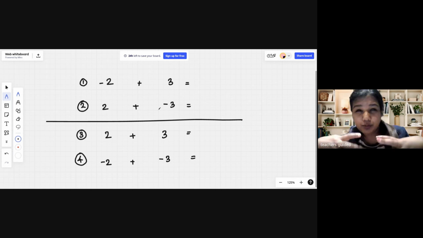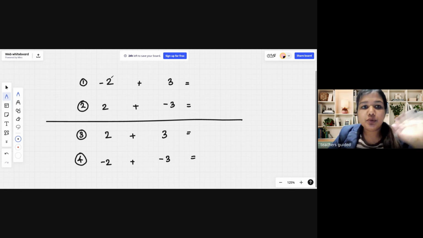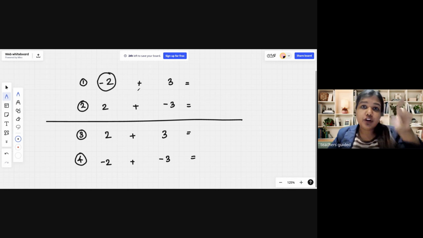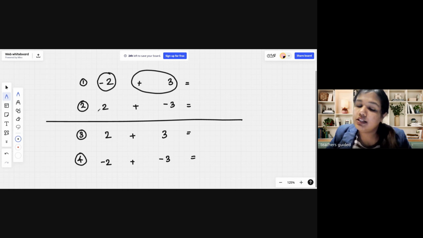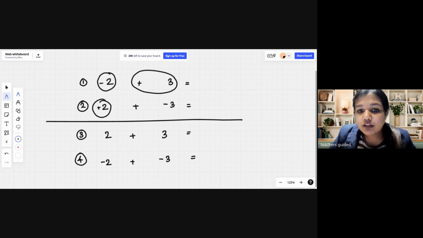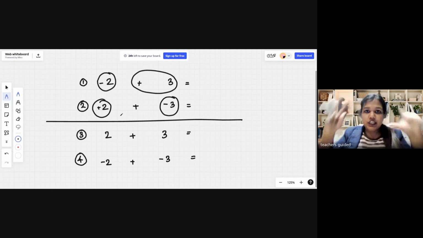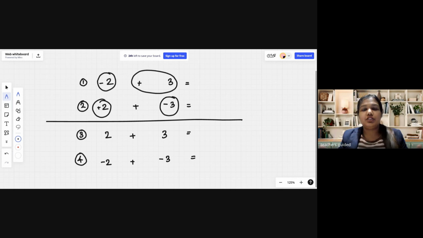In negative numbers, I just want you to look at all the numbers with the signs in front of them. For example, the sign belonging to the 2 would be the sign in front of 2. The sign of 3 would be the sign in front of 3. The sign of 2 is, there are no signs in front, so obviously plus. And the sign in front of this 3 is minus, so the value of 3 as a whole is negative or minus.